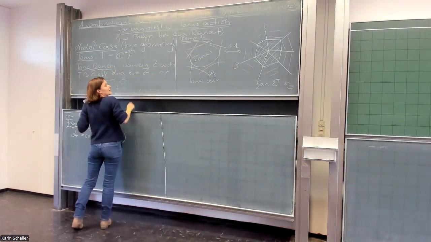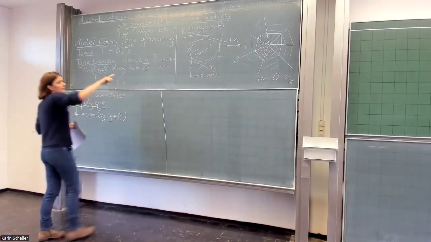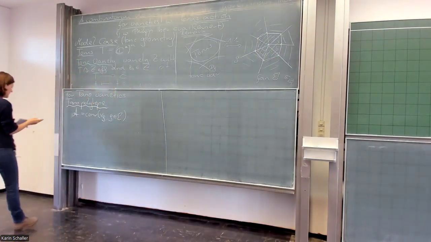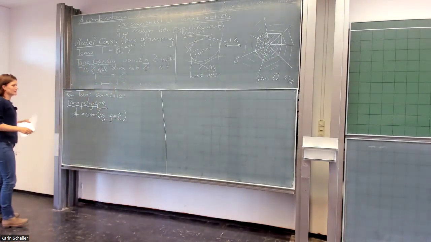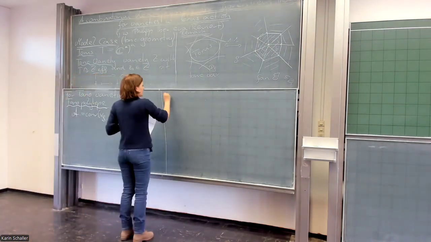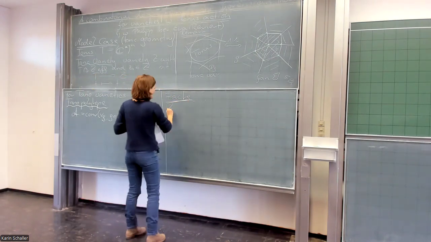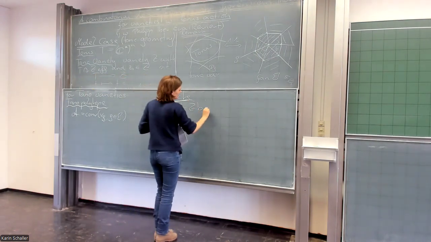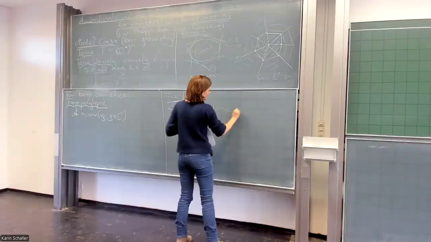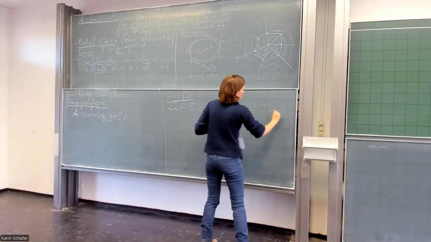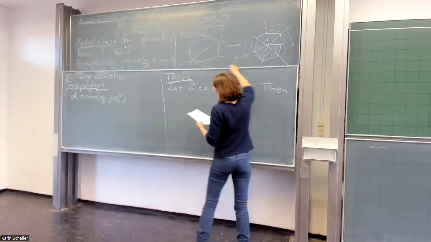So let's look at what this polytope gives us. We recall for this some facts about toric varieties. So let X be a toric variety, and we have the following things.